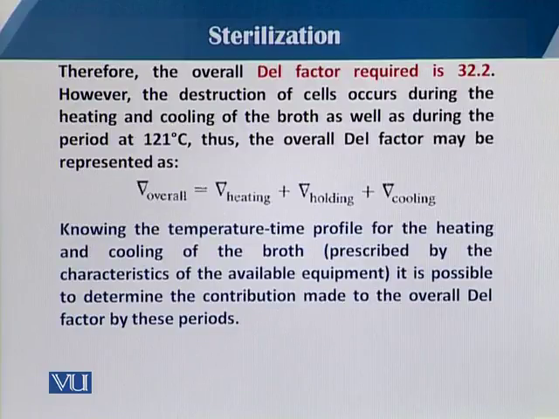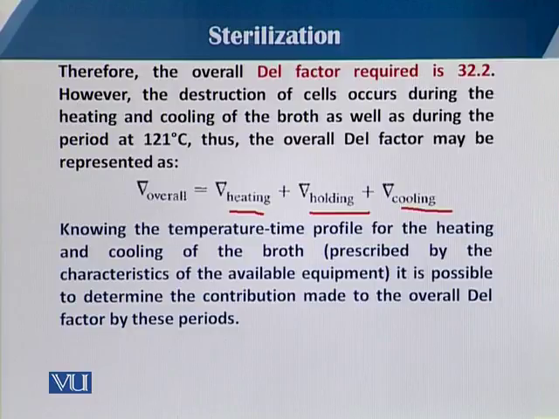So if the required del factor is 32.2, then at 121 degrees Celsius, the contributions to the overall del factor are the heating, holding and cooling. One part of the del factor is required to raise the temperature up to 121 degrees Celsius, then the holding time, and then the cooling time.